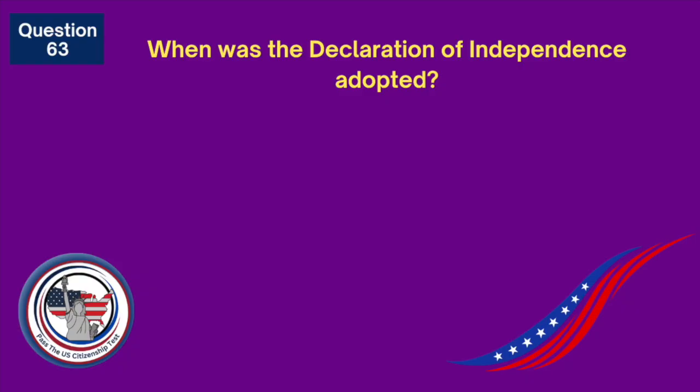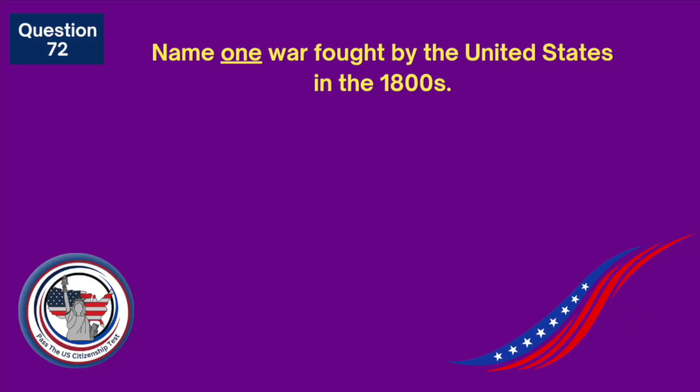When was the Declaration of Independence adopted? July 4, 1776. Name one war fought by the United States in the 1800s.